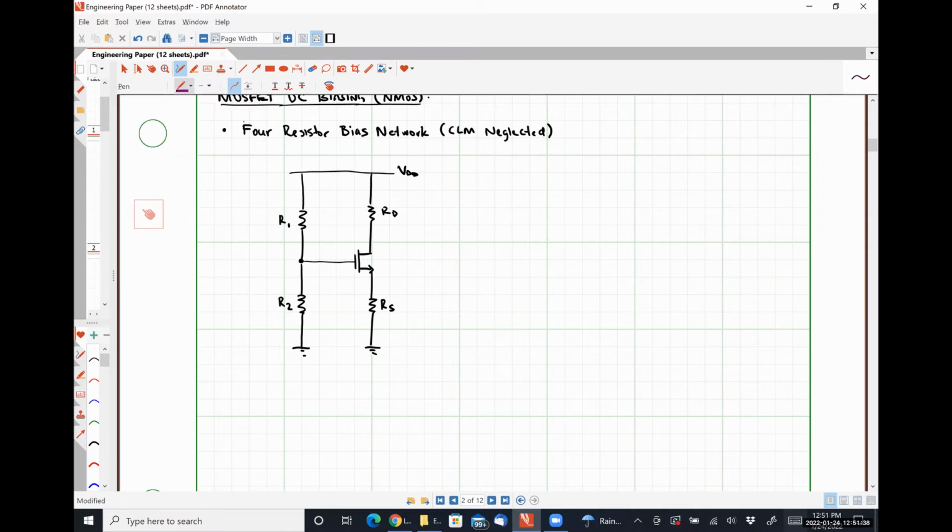And just for the sake of argument, we're going to label our terminals G, D, and S, and our quantities that we need to solve for, ID, VGS, and VDS.